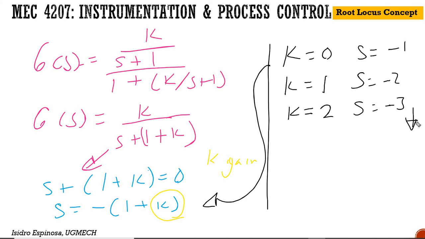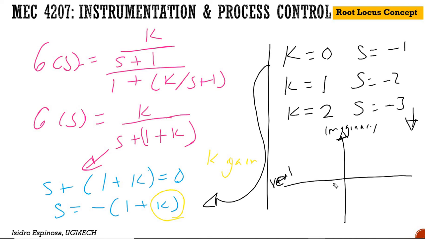So if we put those values in a graph, this is the imaginary axis, and this is the real axis.